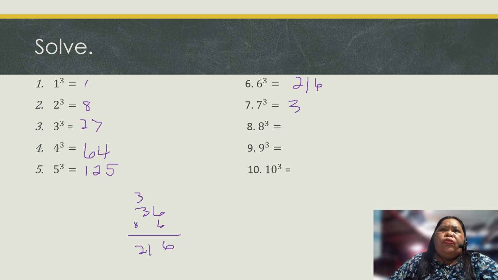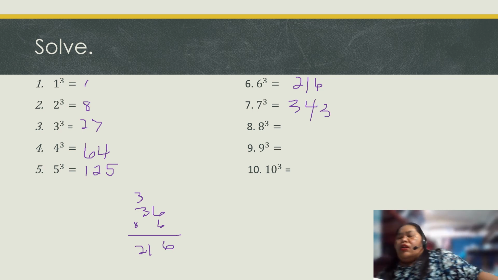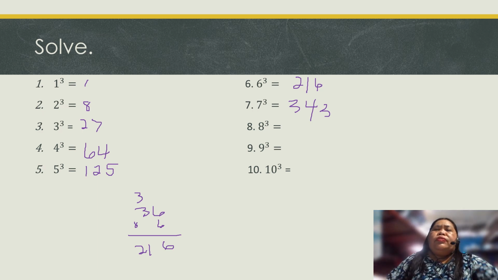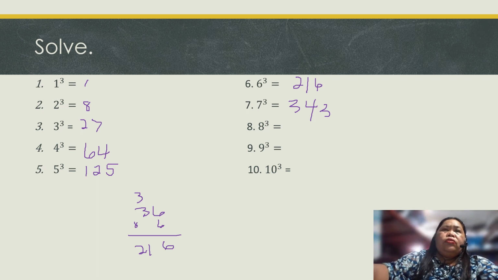Then 343, because 7 times 7 is 49, and 49 times 7 is 343. And here, you can do it on your own, all right? So you can finish that.